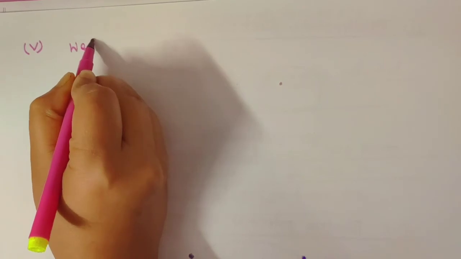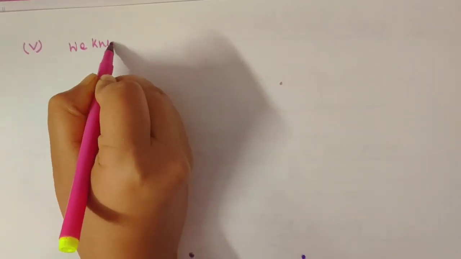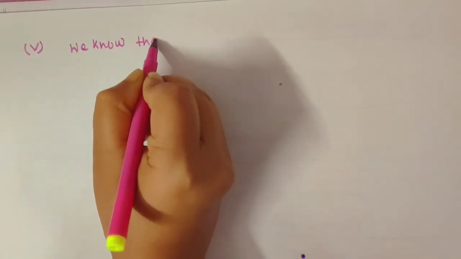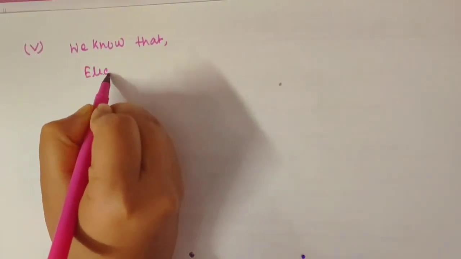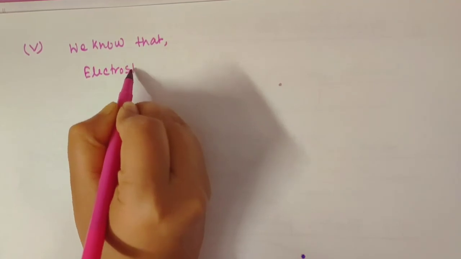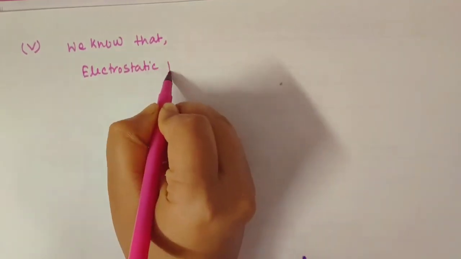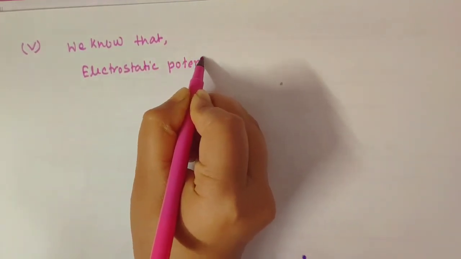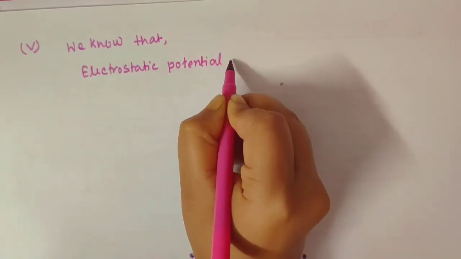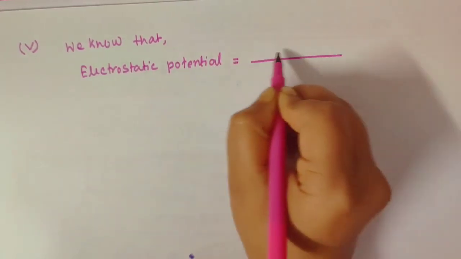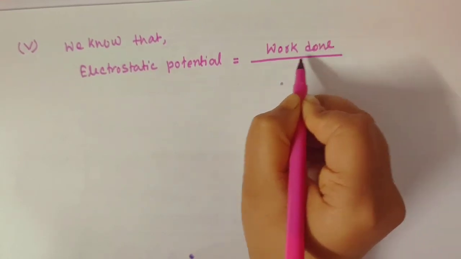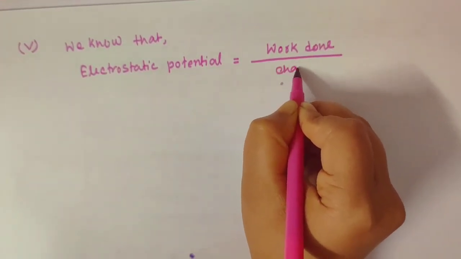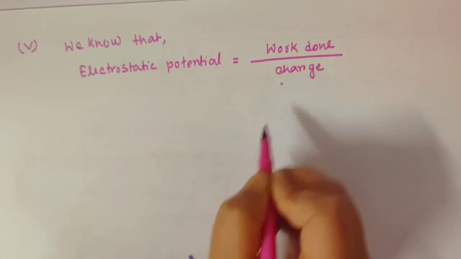To solve this, first we have to write, we know that electrostatic potential is equal to work done divided by charge, as we know earlier.